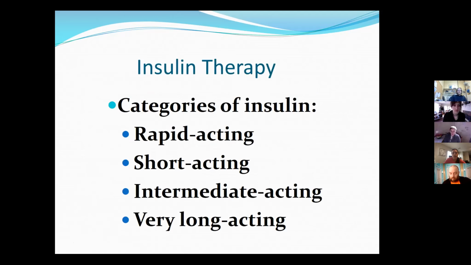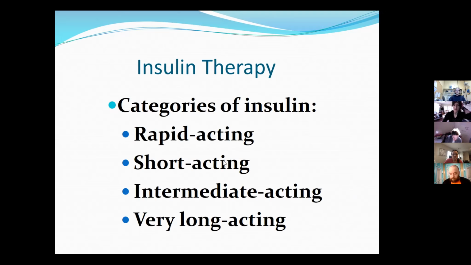Insulin categories include rapid acting, short acting, intermediate acting, and very long acting. These names are pretty clear cut. The rapid acting start acting quickly, so their onset is rapid, but their peak and duration are going to be shorter.